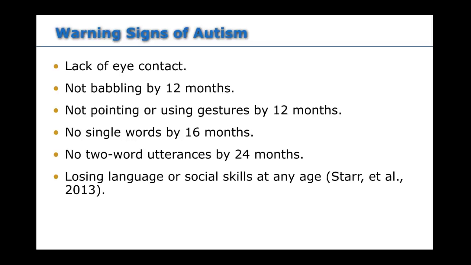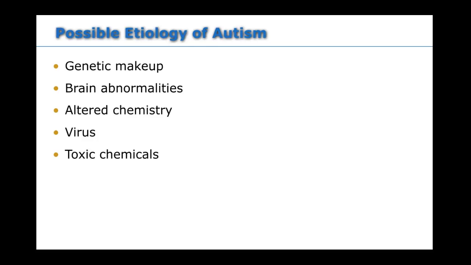And if they're not meeting their milestones, then that could be a red flag. It could mean that we need to evaluate for autism. These are some really profound ones. If they're not saying a single word by 16 months, no 2-word phrases by 24 months, or if they have language skills and then they lose them, that could be an indication that the child is autistic.